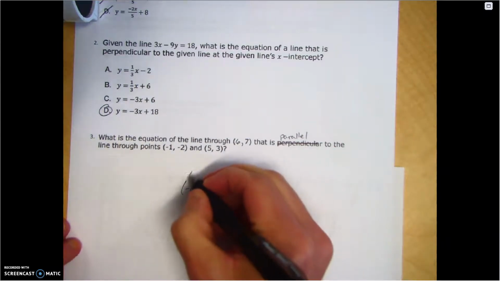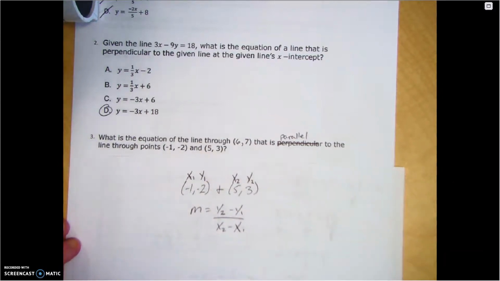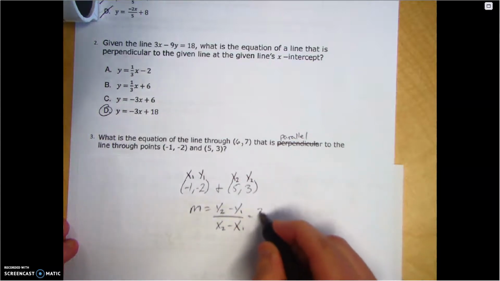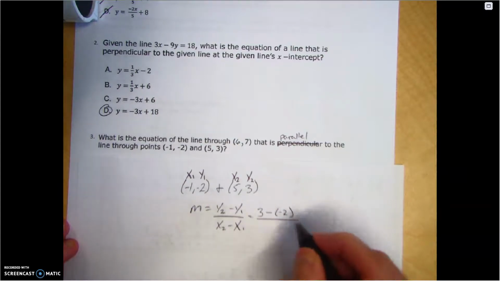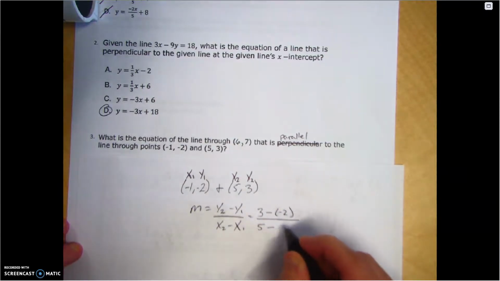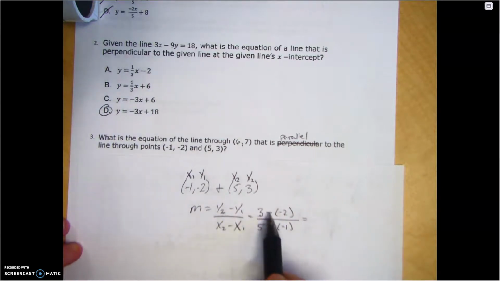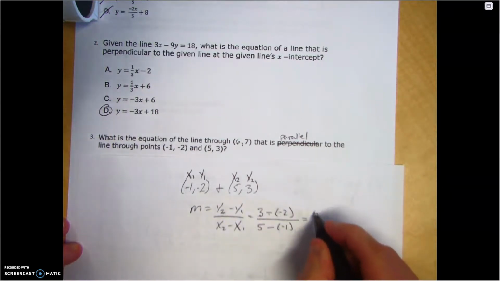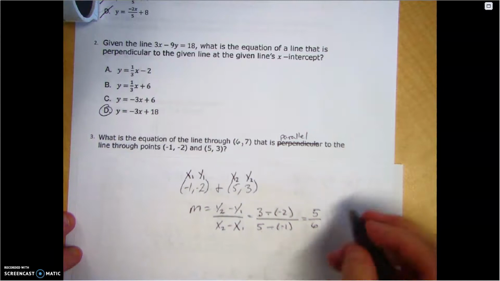So I'm going up here, x1, y1, x2, y2. So 3 minus negative 2 over 5 minus negative 1. 3 minus negative 2 is 5. 5 minus negative 1 is 6. Okay, so this is my slope.